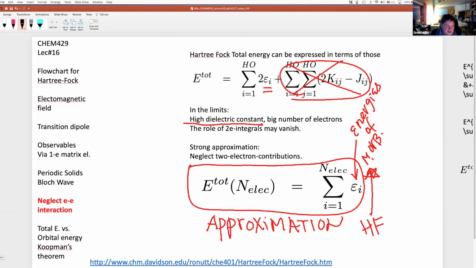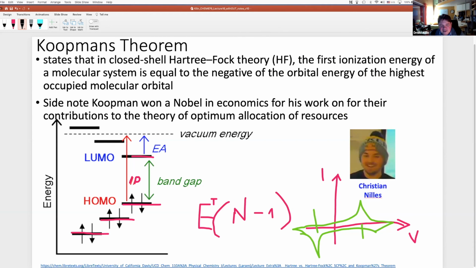Okay. And now we are going to discuss electron ionization and affinity. About 3 years ago, there was a student, Christian News, who delivered this ionization and affinity material during his presentation for Gaussian, and I borrowed his slide.